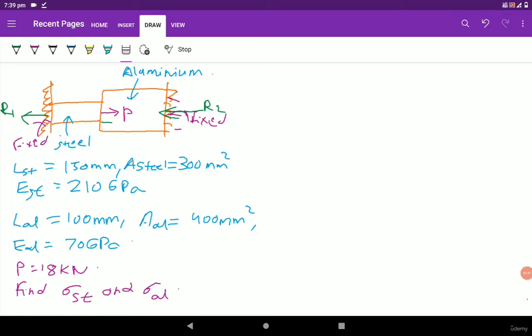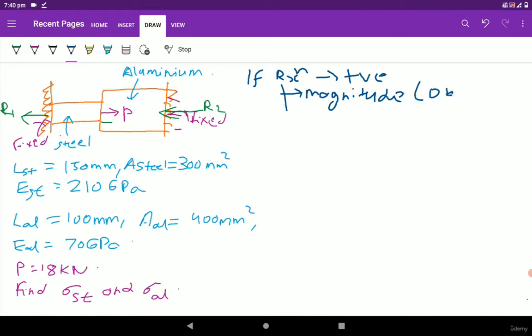There are a few things you should keep in mind. After calculation, if you are getting the reaction value as positive, then you can think that the magnitude of reaction is okay and the direction of reaction is also fine, that is, it is positive in nature.